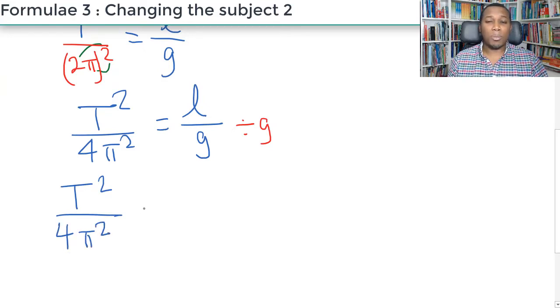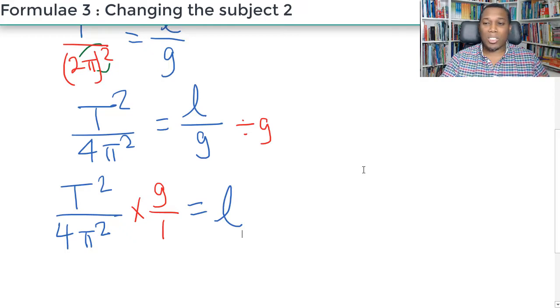It has to be multiplied by G, and perhaps easier to make this clearer is saying that it's multiplying by, and I'll put it in red, G divided by 1. And I've put that so that it makes the multiplication easier to do. Because what you're going to do now, we'll deal with that in a moment. We now have L all by itself, and it's almost game over. We just need to tidy up.